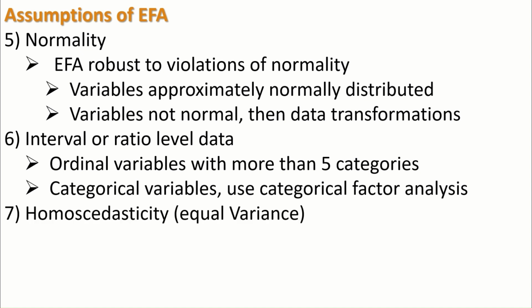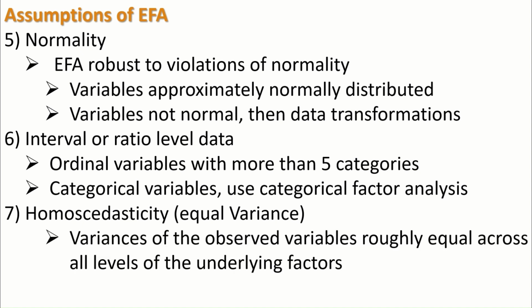The seventh assumption is homoscedasticity, which is equal variances. The variances of the observed variables are roughly equal across all levels of underlying factors. The eighth assumption is that there are no outliers. Outliers are extreme high or low values within the data.